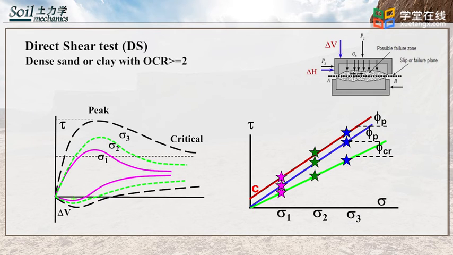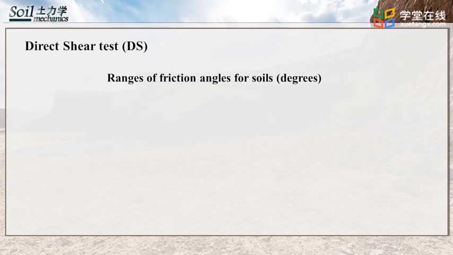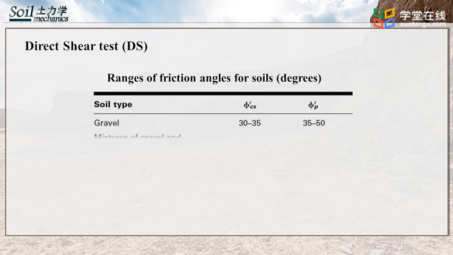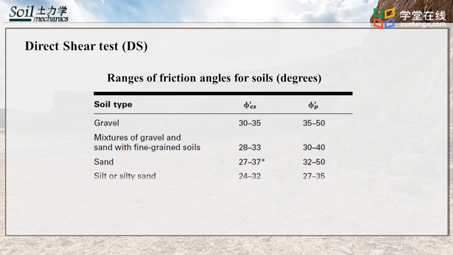For clay with OCR greater than 2, we can get the linear relation between normal stress and shear stress, its cohesion and friction angle at peak shear stress. For dense sand, we can get the linear relationship between normal stress and shear stress, and friction angle at peak shear stress.